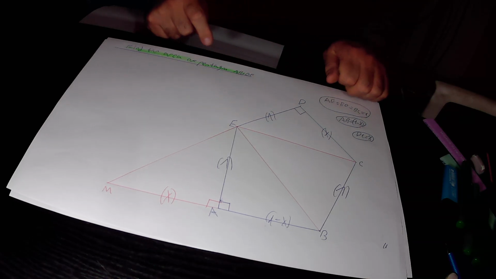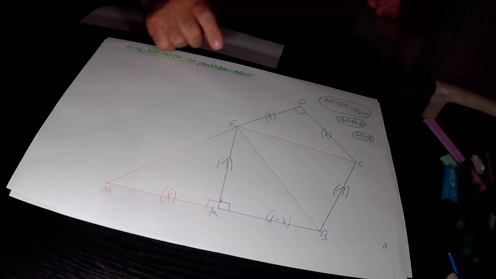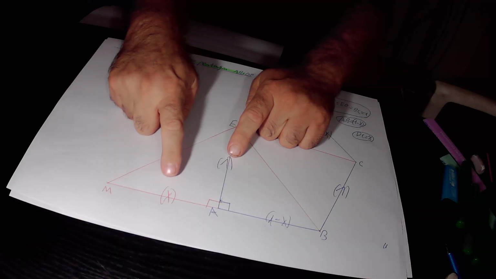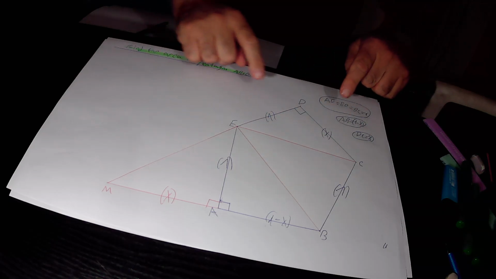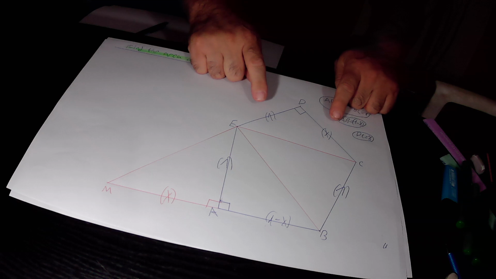And therefore, those two right triangles can go into each other, according to the side-angle-side rule. We have those two sides and the angle between them in the right triangle EAM correspondingly equal to those two sides and the included angle in the right triangle EDC.